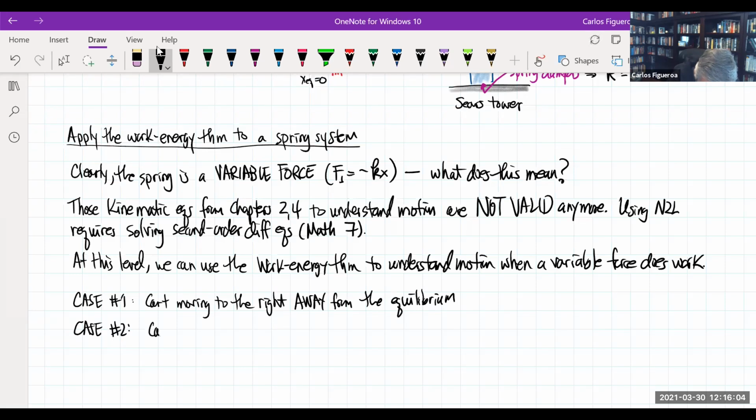Now I'm having the cart moving towards the equilibrium. And what changes when that happens? And that's what we want to look at right now.